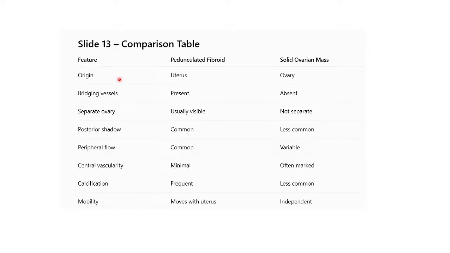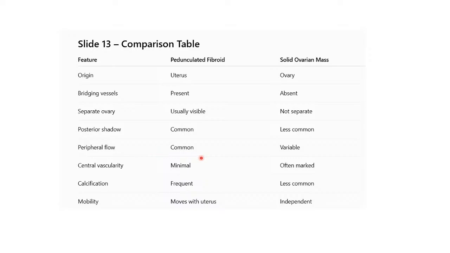Let me repeat again the origin. This one from the uterus, this one is from the ovary. Bridging vessels, they are present in a pedunculated fibroid, they are absent in ovarian mass. Separate ovary, usually visible, not visible, because this is when it originated from the ovary itself. Posterior shadow is common in pedunculated fibroid, whereas it's less common in ovarian mass.